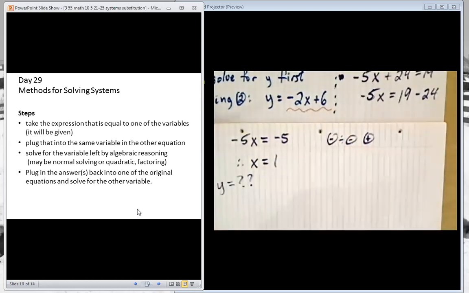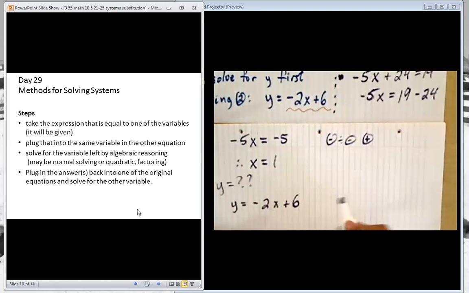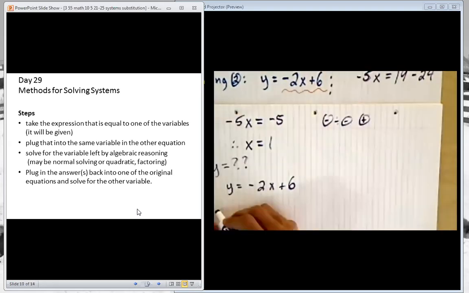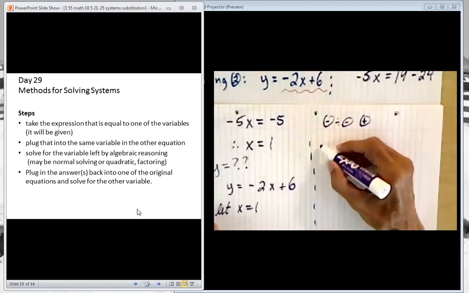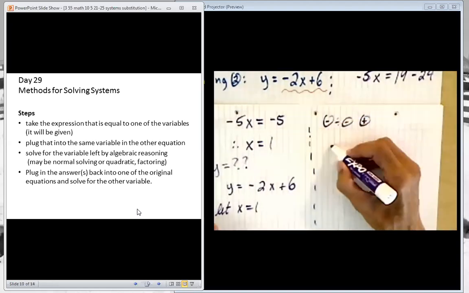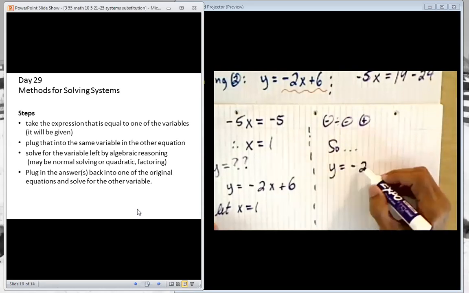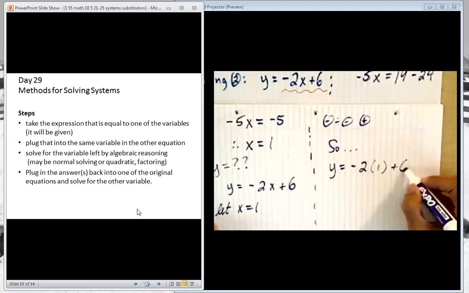Okay, so we have y is equal to minus 2x plus 6. Let x equal 1. So y is minus 2 times 1 plus 6 there. x is replaced.